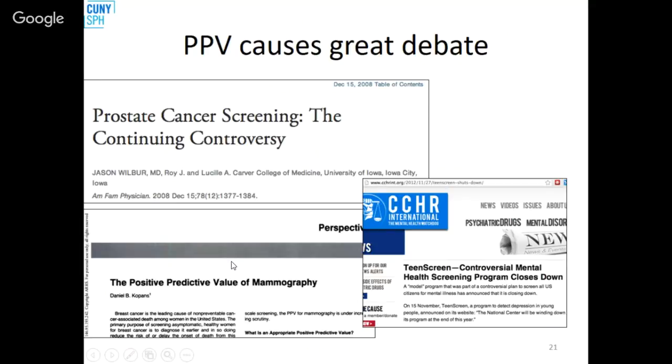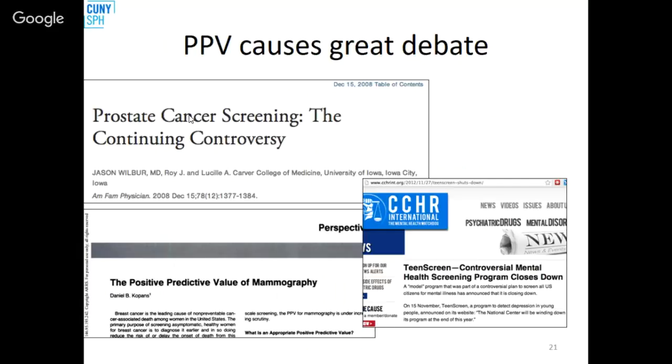And I'll just emphasize that when you take any screening test and apply it to a population with a very low prevalence, so you start giving mammographies to women under 40, prostate cancer screening to men under 40, where the prevalence of these diseases is very low, you have to have an extremely, extremely accurate test on negative cases in order not to have a lot of false positives.